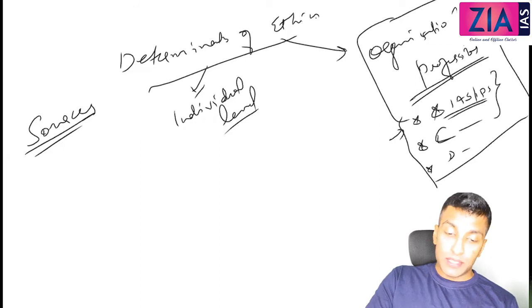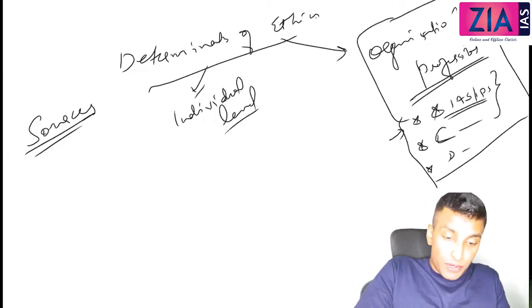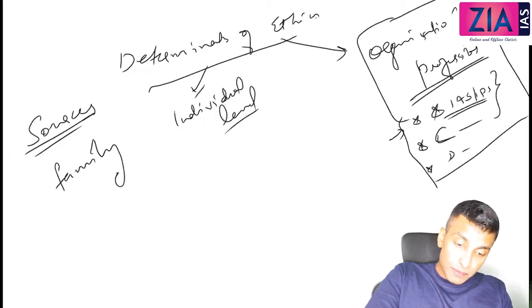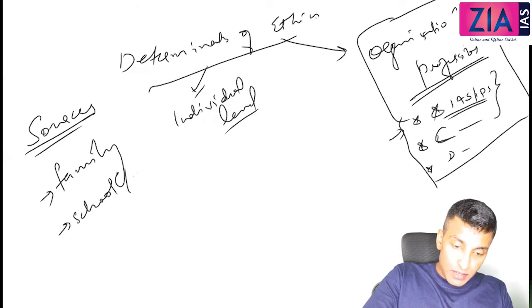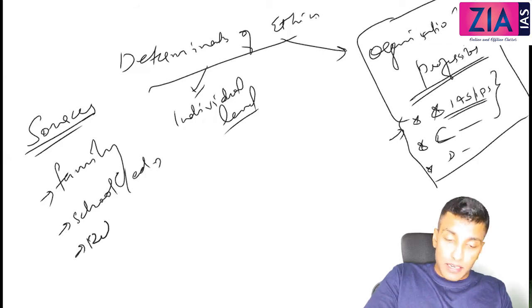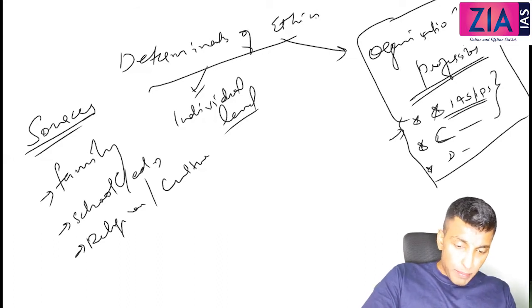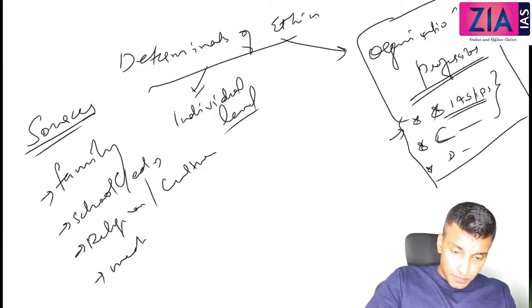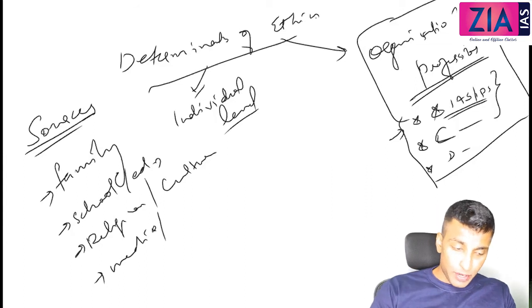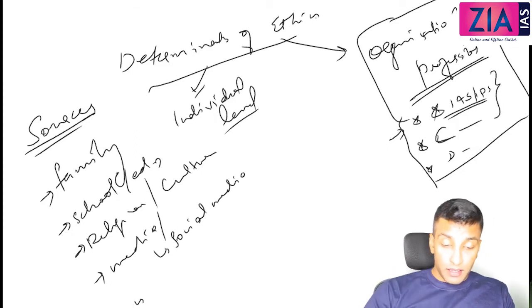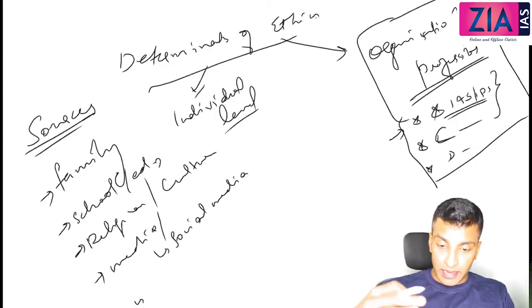Other than that, when you discuss the other dimension, we have to discuss what the main sources are: family, school or education, then religion or culture, media, print media, electronic media, social media, that is very important, and inspiring figures, idols, leaders.